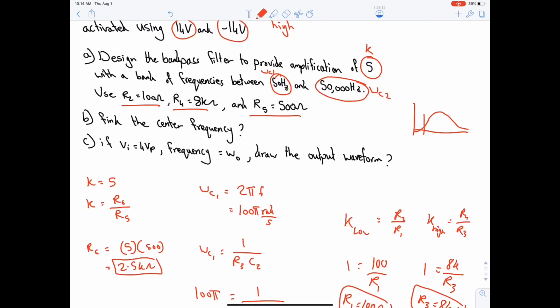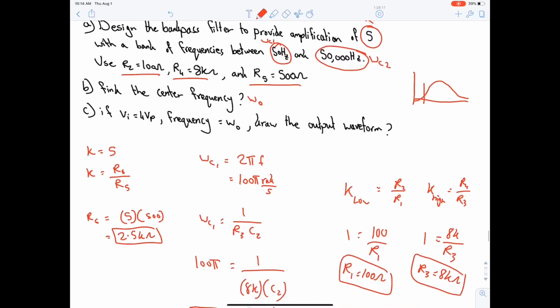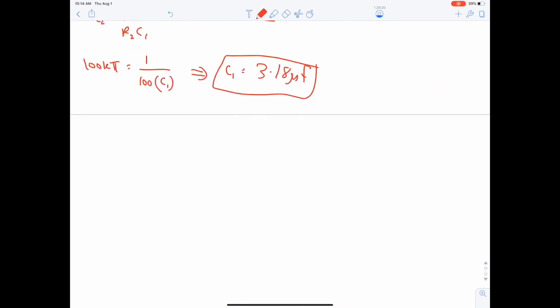Okay, part B, find the center frequency, which is omega naught. The center frequency, simple.